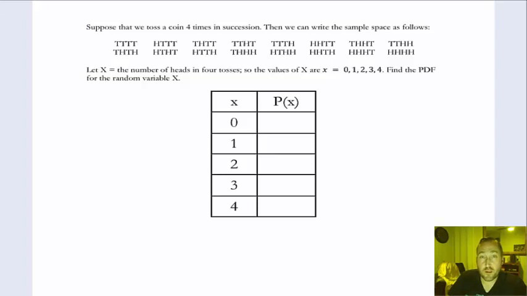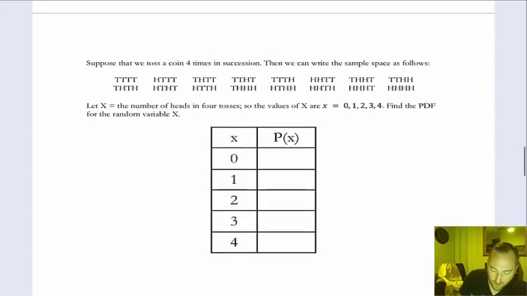For this one, we have 4 coins being flipped, and recognize that a coin has 2 sides. A lot of times they call it a fair coin, so that we understand it's 50-50, and the probability would be 1/2 for either side. If we're flipping the coin 4 times, it goes back to the idea of a multiplying effect.